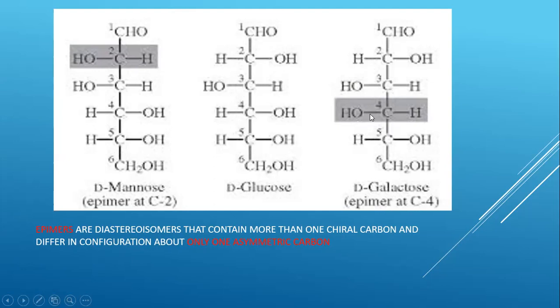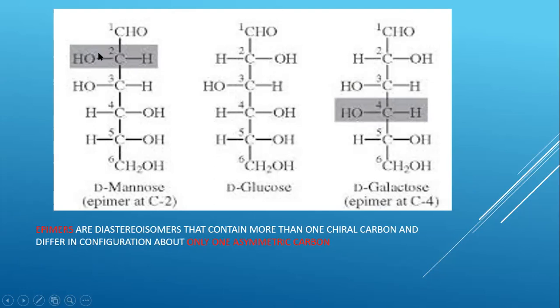That means the only difference in them is on carbon 4. And look at this again, this is also almost exactly the same, except for carbon 2. So this is mannose. Mannose and glucose are carbon 2 epimers. But if you look well at mannose and galactose, you will see that they differ in more than 1 point of carbon. So they are not epimers of each other.